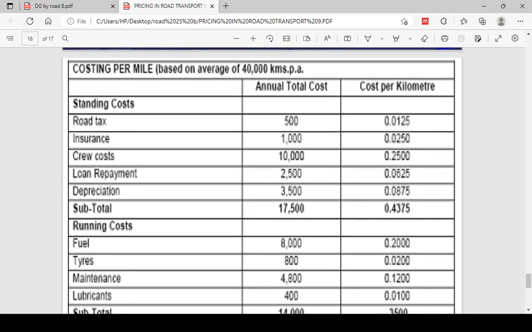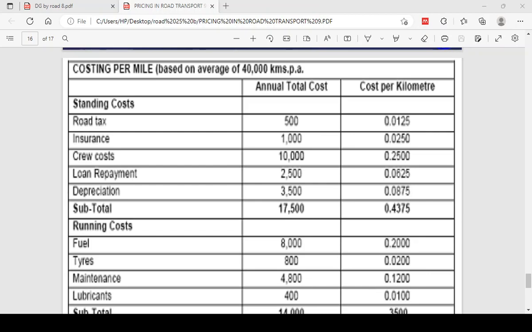So you see that costing per mile is based on an average of 40,000. There's a table. Road tax, those are the standing costs: road tax, insurance, fuel cost, loan repayment, depreciation, subtotal.